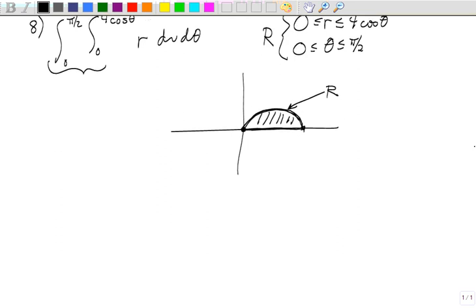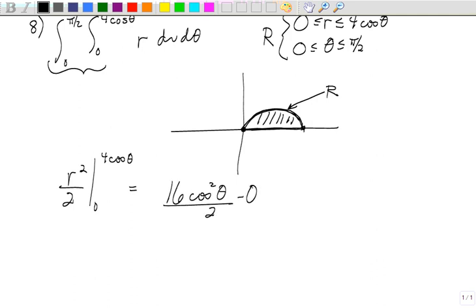Okay, so we integrate r, so that's r squared over 2. Evaluate that from 4 cosine theta to 0. And then we integrate that. And we have to use the half angle formula.